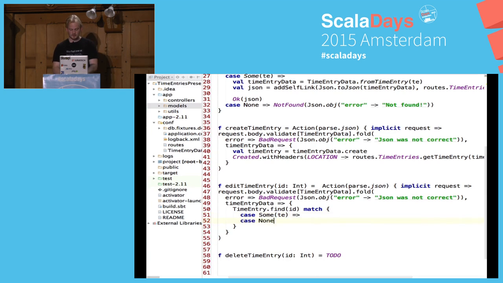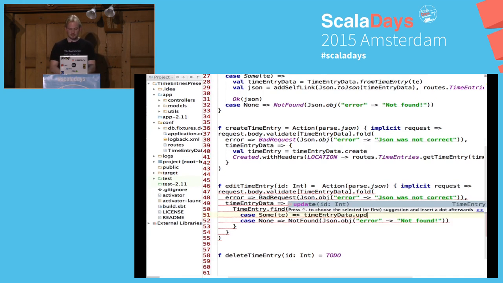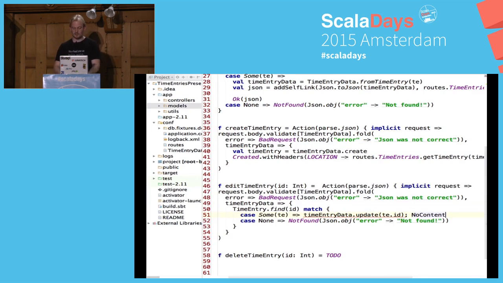And in case of None, we can give back the NotFound. So let me copy that. And when you have an actual time entry, you can use the TimeEntryData.update, and then use the ID of the time entry that you found to specify which row it needs to update. And then you can give back a NoContent, telling the client that everything went all right.